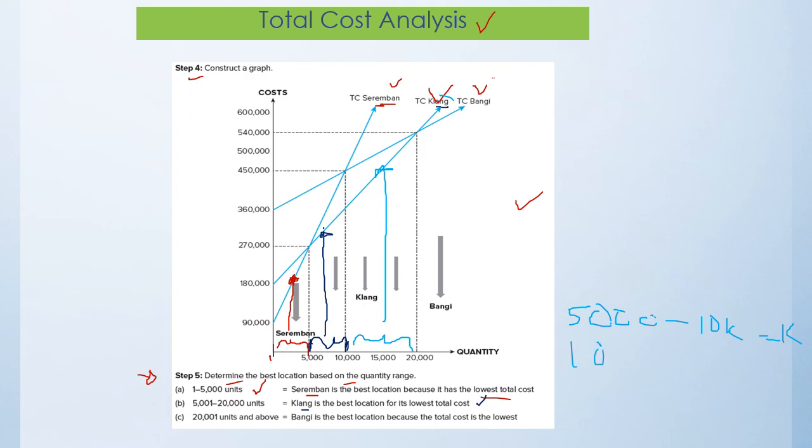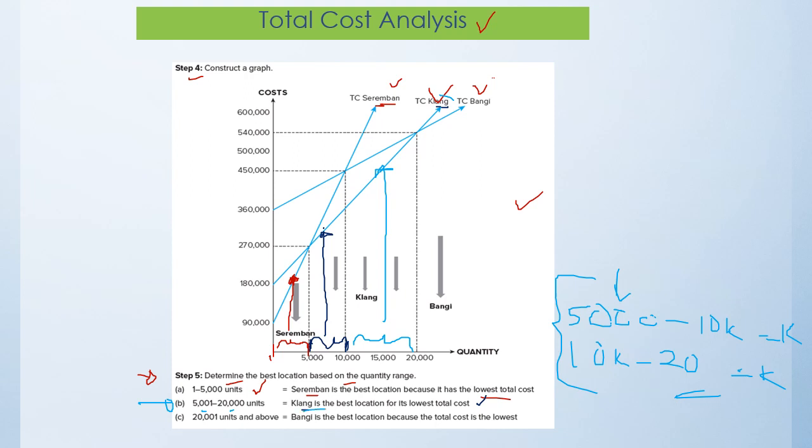From 10K to 20K, also Kelang is the best location. So we can just combine these two and summarize and come up with one decision for the location. So the second decision is from 5,001 until 20,000, daripada sini kepada sini terus. So Kelang is the best location for the second quantity range.